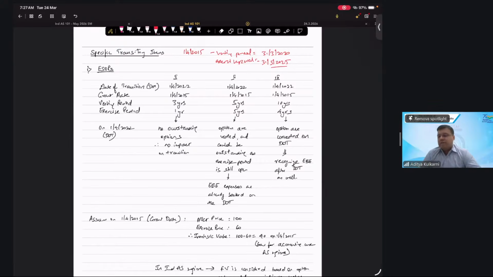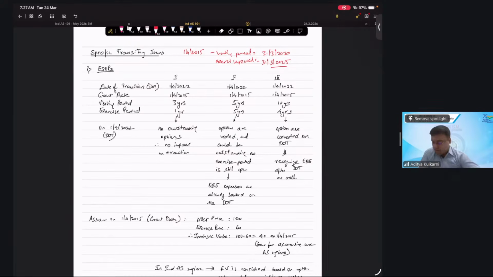Expenses have already been recognized. Now, under accounting standard, how would I recognize these expenses? I would recognize it based on intrinsic value. Ind AS does not allow intrinsic value. You will have to do it on the basis of fair value. Are you okay with this?